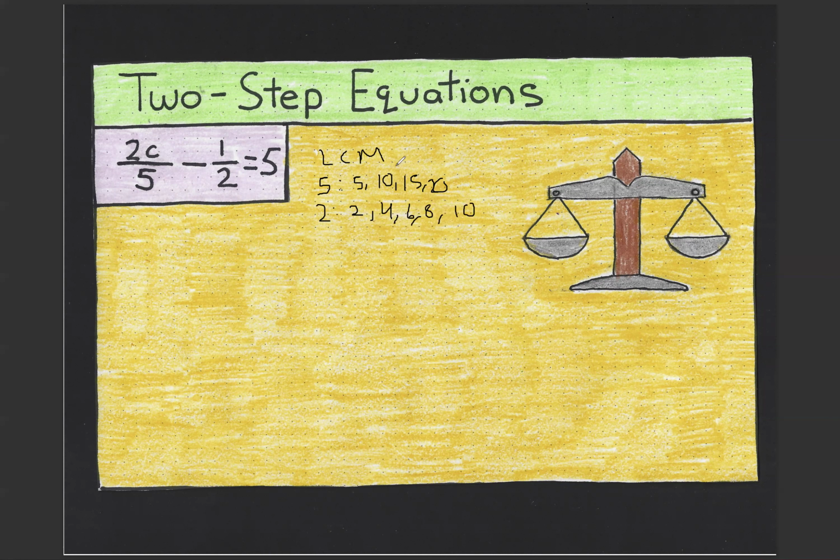I'm going to stop at 10 because there's a 10 up here and a 10 down here, which means that 10 is the least common multiple, or the first common multiple, of 5 and 2. And we're going to actually use 10 to make our problem a whole lot easier to solve.